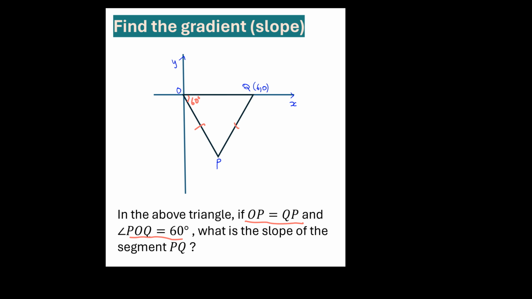So what we can do is, we are given that angle POQ is 60 degrees. So obviously then angle OQP would also be 60 degrees because it looks like an isosceles triangle, but because it is 60 degrees, it's also an equilateral triangle.